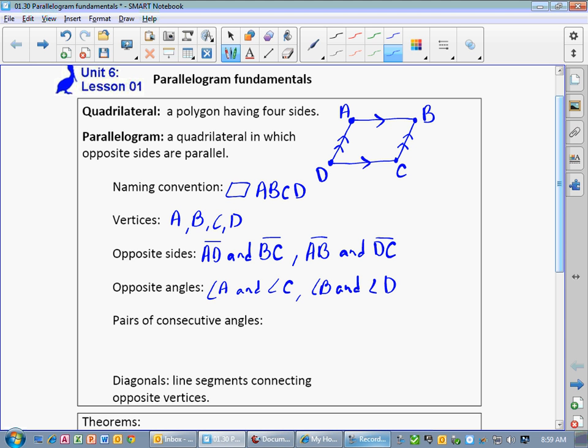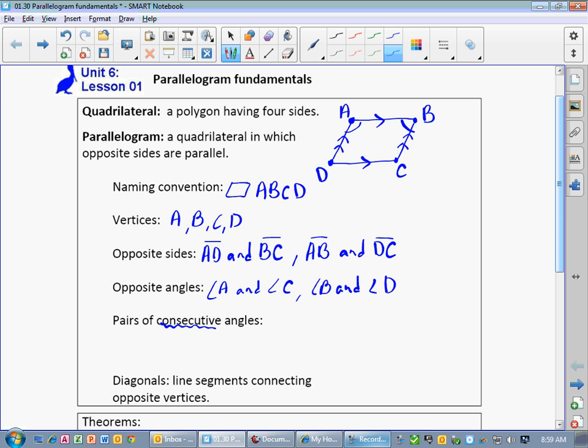And then finally, we have this potentially new word, consecutive. Consecutive angles are angles that are right next to each other. As you go around the figure, if you have 2 angles one after another, like A and then B, those are called consecutive angles.